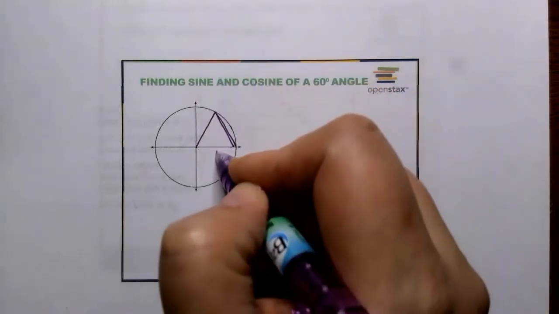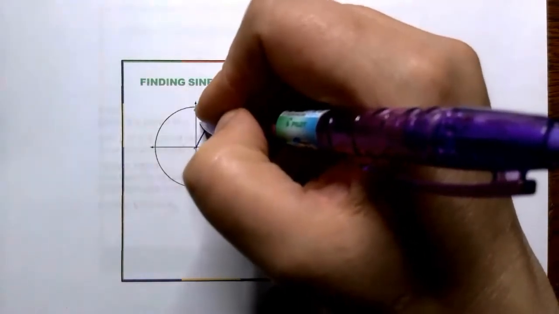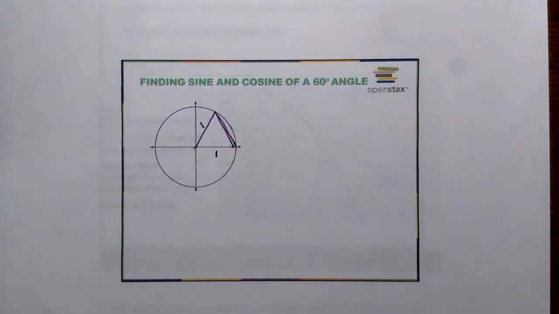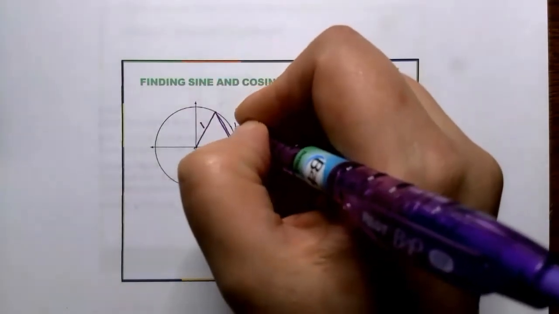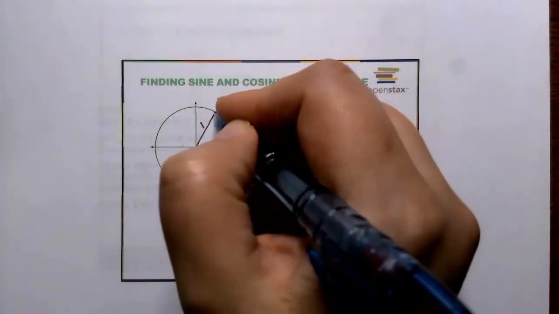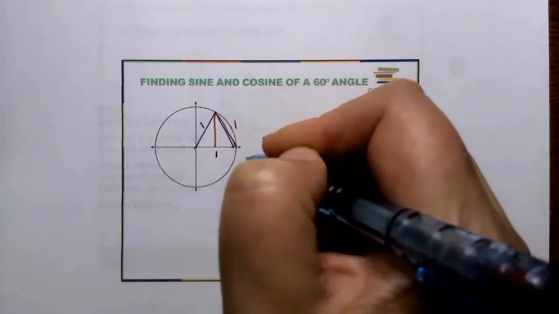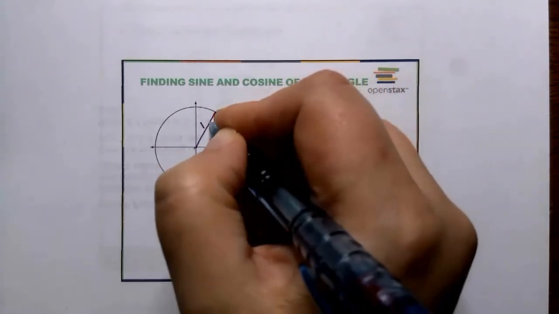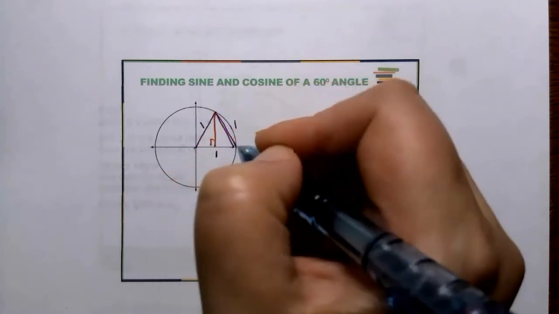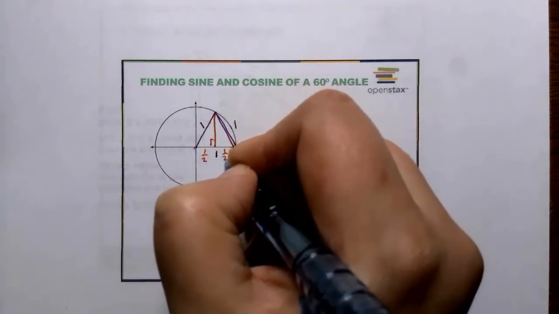We know that this side is 1 because it's a radius of the unit circle. This side is 1 also, and this side must be 1 also because it is an equilateral, I mean, isosceles triangle. So when we put a line perpendicular to our x-axis, it will split the x-axis into two equal parts of length 1/2 and 1/2.